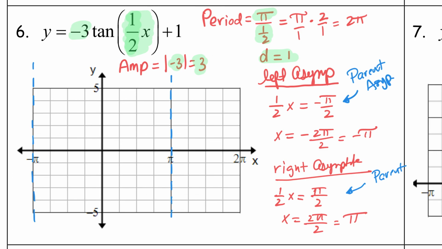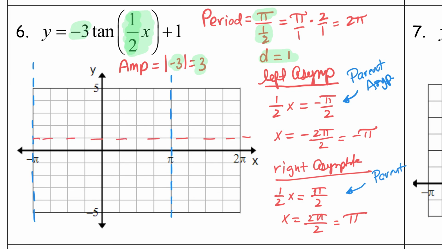And remember, at 0, it's going to be, well, I take that back. We have to write the new midline. Since the midline is 1, we know that the x-axis has shifted up 1.